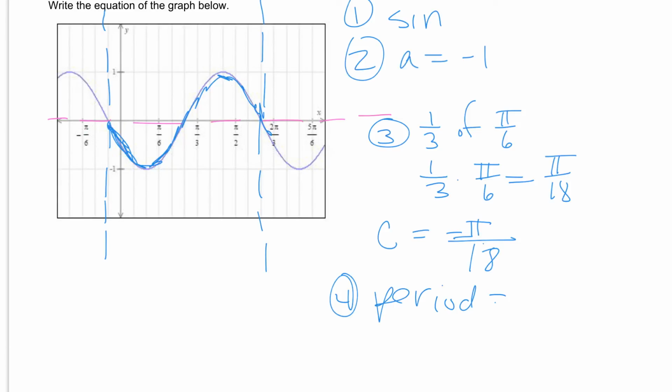So our period's going from negative pi over 18, and then if we count, so negative pi over 18, this would be 1 pi over 18, 2 pi over 18, 3 pi over 18, 4, 5, 6, 7, 8, 9, 10, 11 pi over 18. So we're going from negative pi over 18 to 11 pi over 18, which is a distance of 12 pi over 18, which simplifies down to 2 pi over 3.